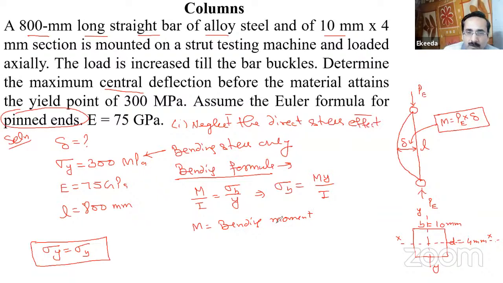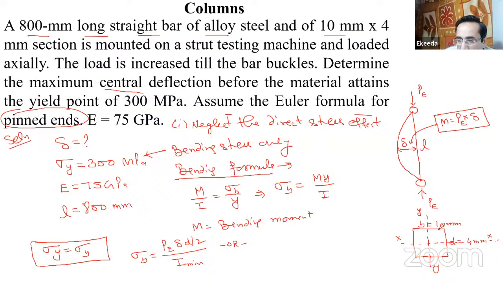So here, this sigma b can be written as M, that is PE into delta, into y. Y is the distance, right? That is d by 2 if this fails about x-axis, right? So this is d by 2 upon I minimum.